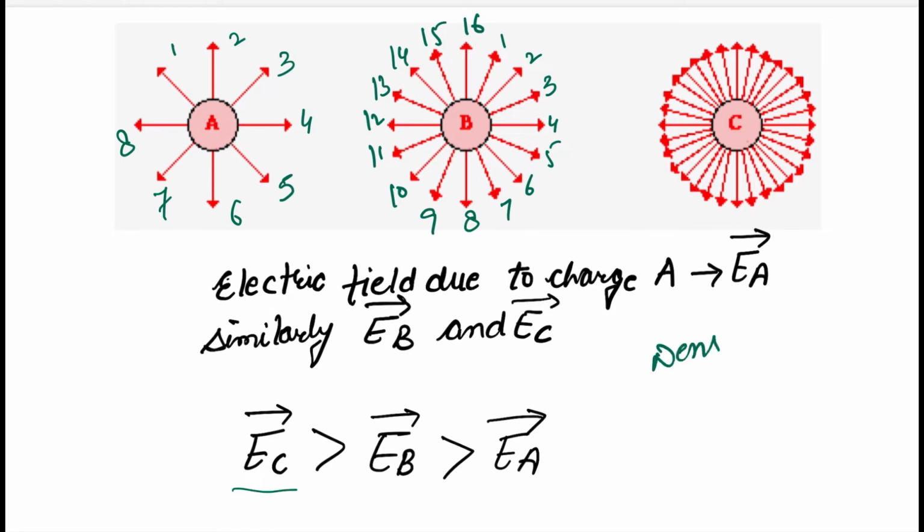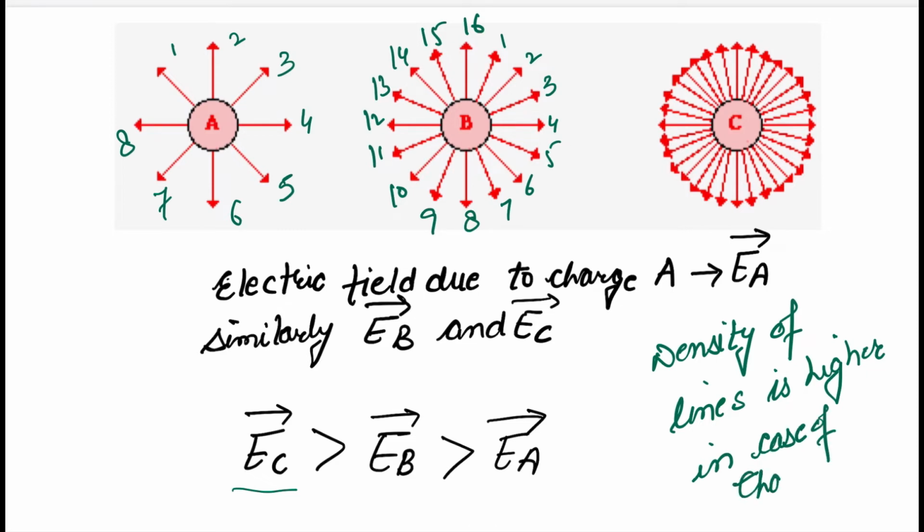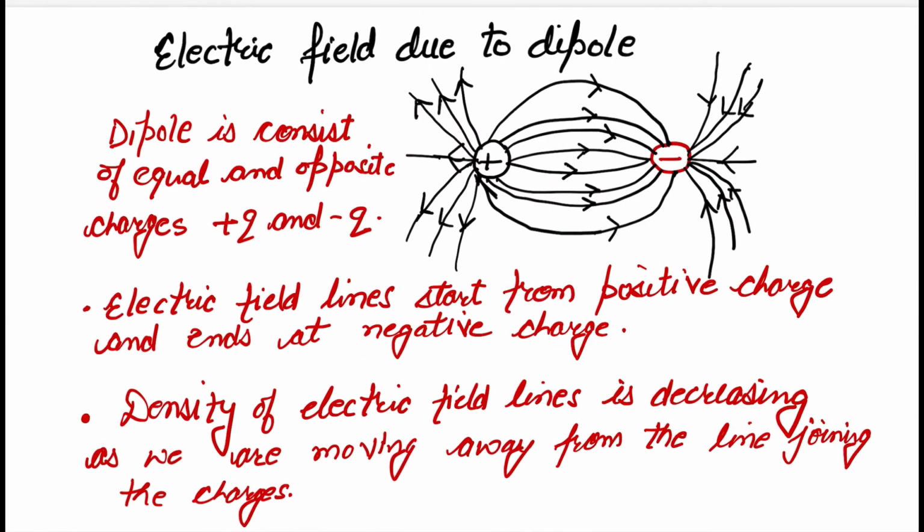Because density of lines is high. Density of lines is higher in case of charge C. It means that EC is greater than EB because it has 32 and it has 16. Then for the first charge you have 8 lines. It means that EA is smaller as compared to EB and EB is further smaller as compared to EC.